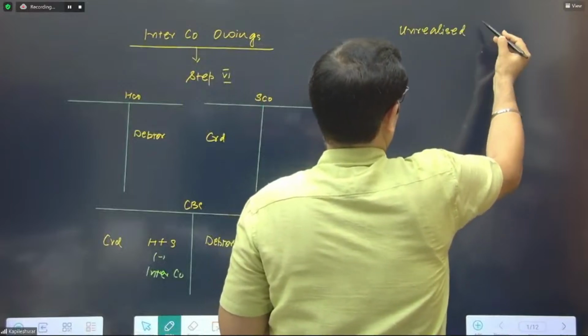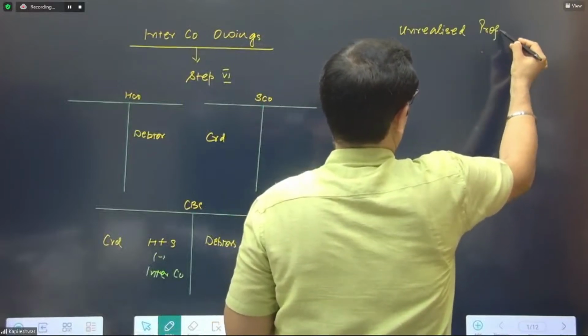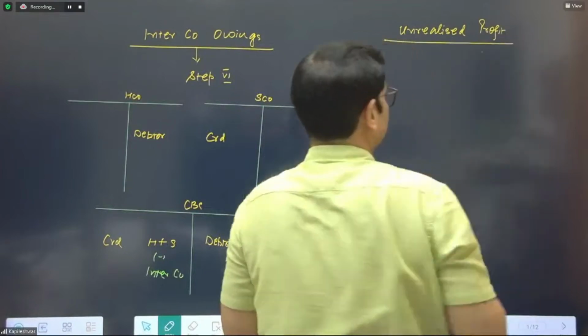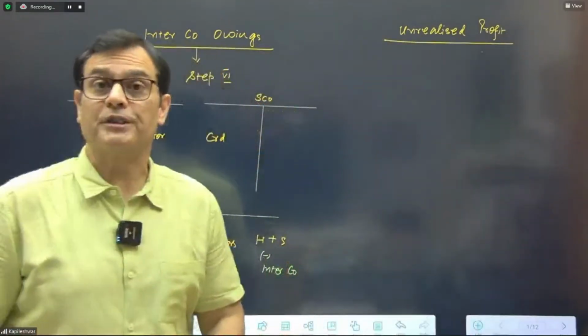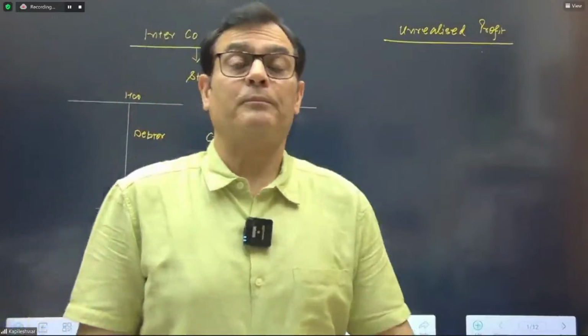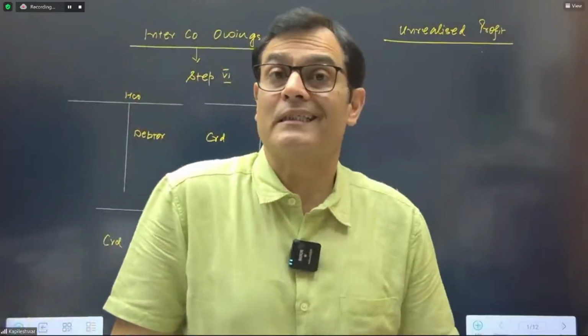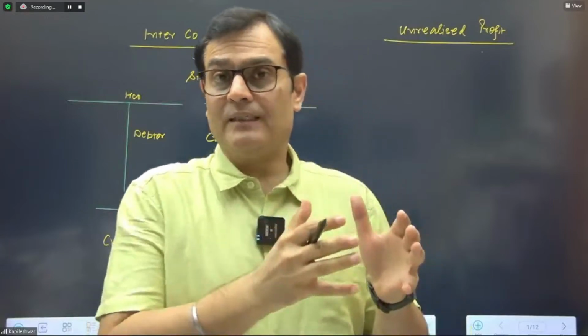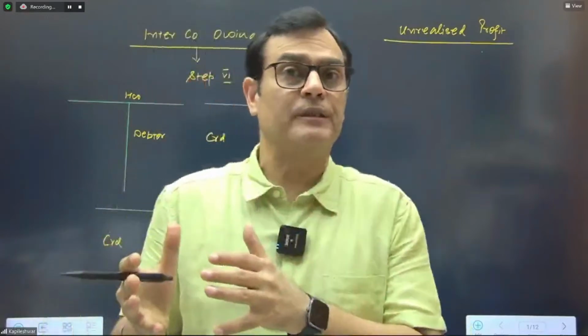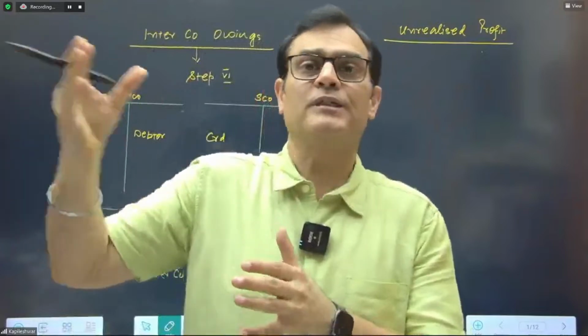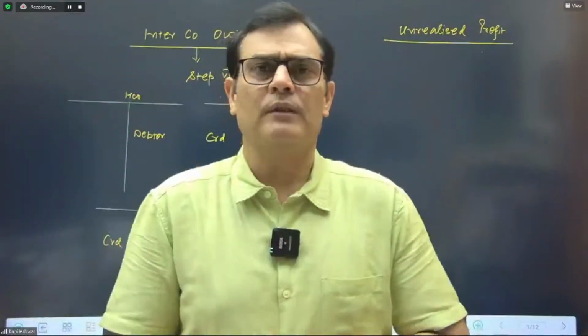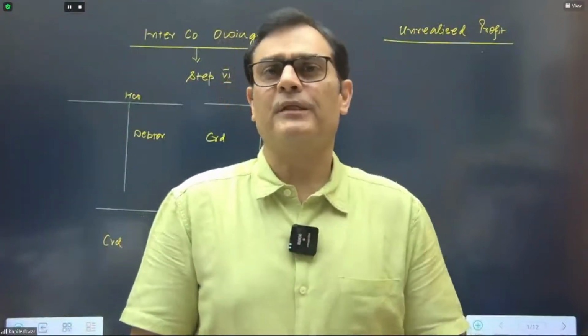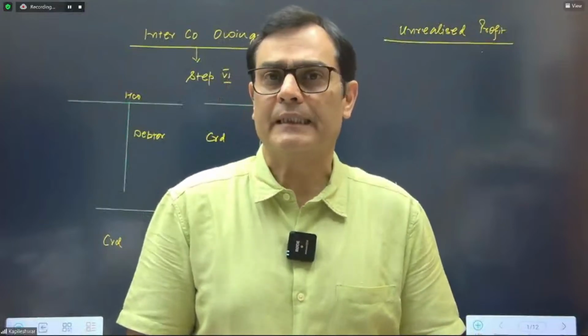If there have been some sale transactions between the parent and the subsidiary company, and they made a stock sale to each other, then it is quite possible that the goods are still unsold at the other party's end. Let's say the parent company made a sale to the subsidiary, and the subsidiary is yet to sell it to outsiders. So a sale within the group is something which is unrealized in nature.